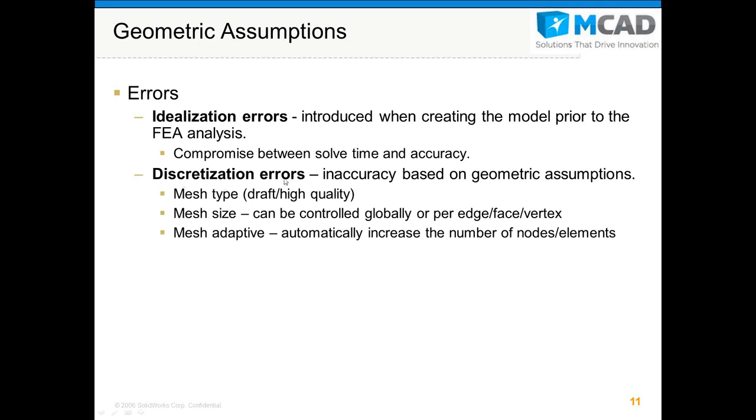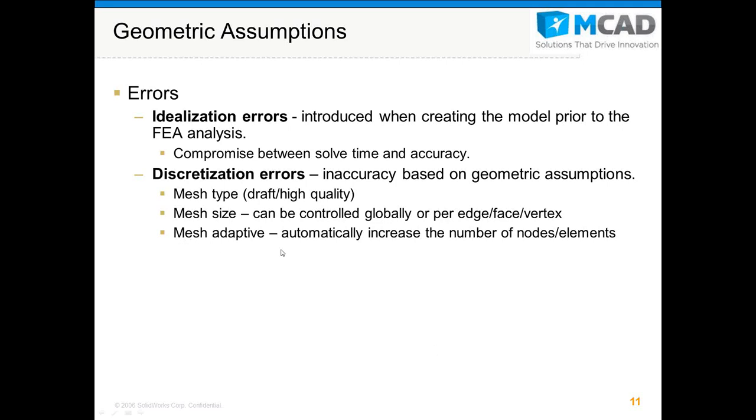And again, the mesh itself can generate some inaccuracies because it is breaking it down into smaller, more easily manageable elements. But in order to get a more gradual curve around your model, you may have to increase that mesh size. But as a consequence, you're taking more time to solve. So again, it's a compromise between solve time and accuracy.